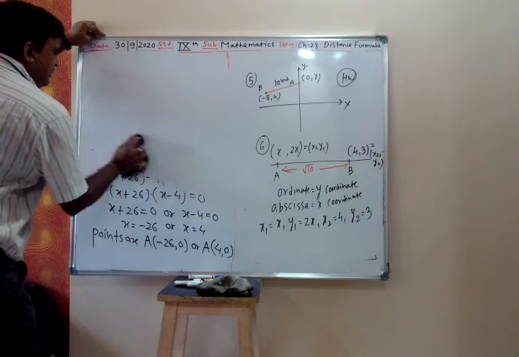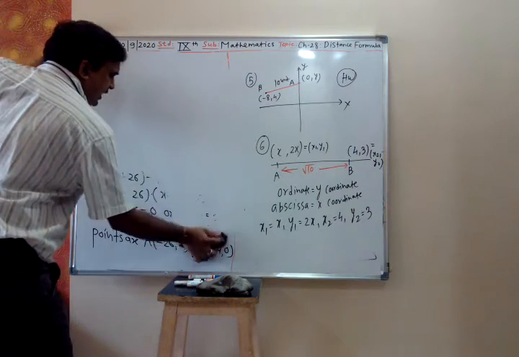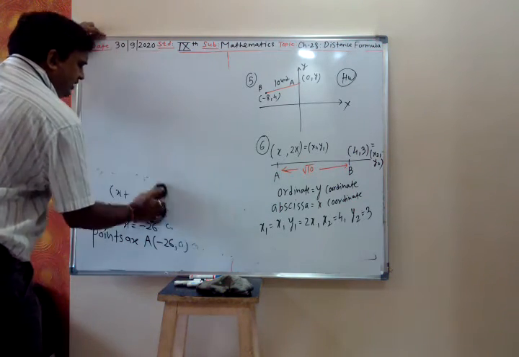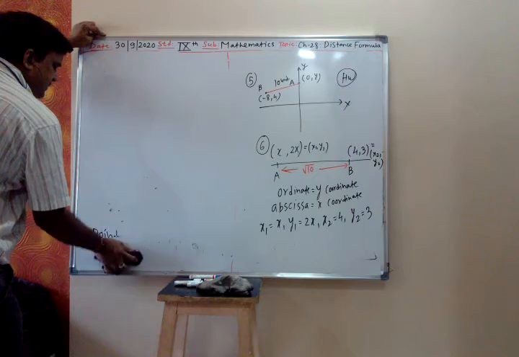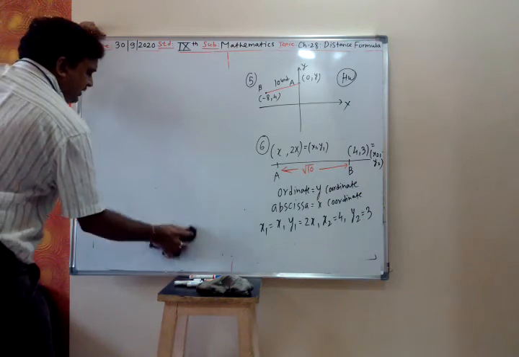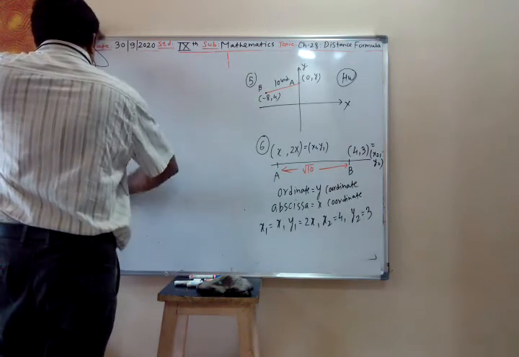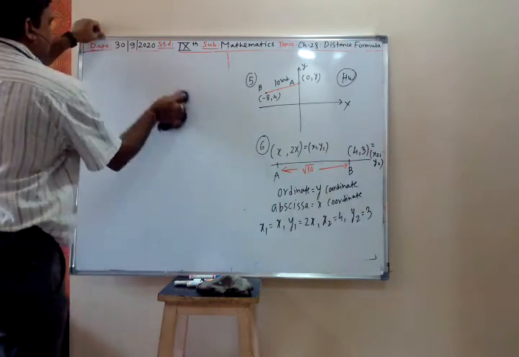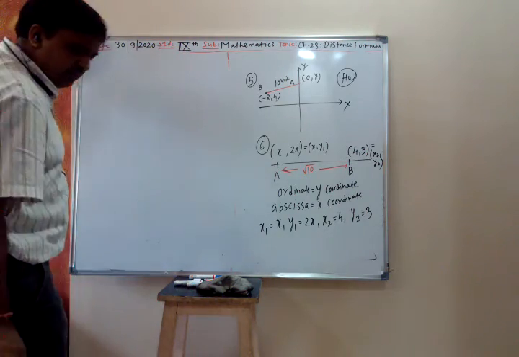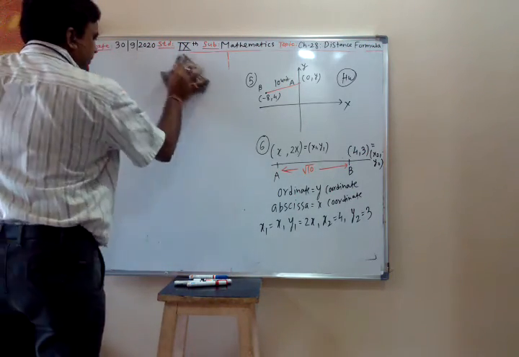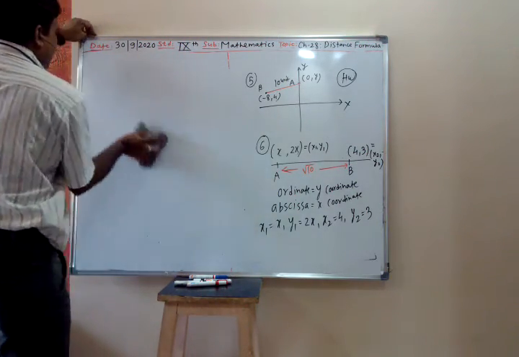So ordinate is double of the abscissa, means y coordinate is double of the x coordinate. So if the x coordinate is x, y coordinate will be 2x. Now the distance between A and B is given, root 10. So now we use the distance formula.